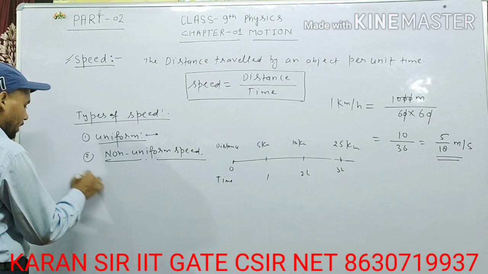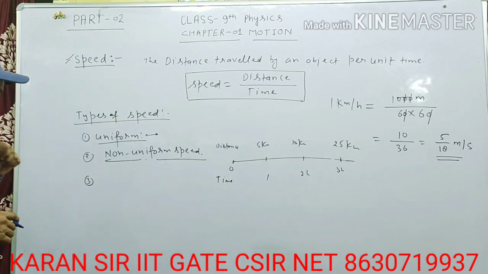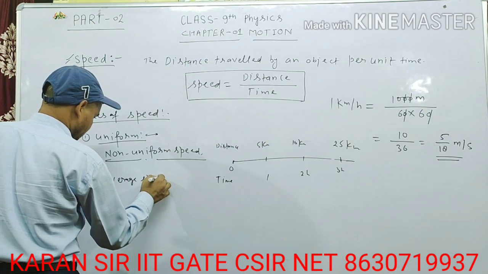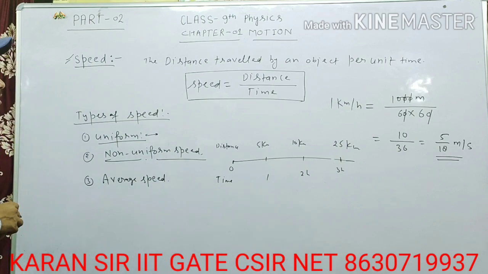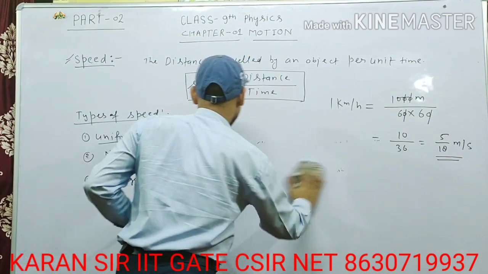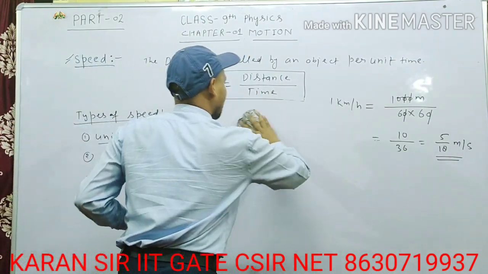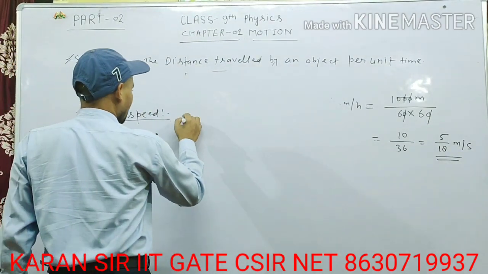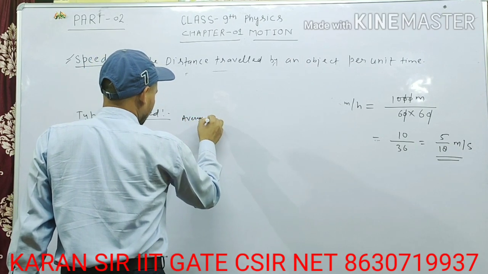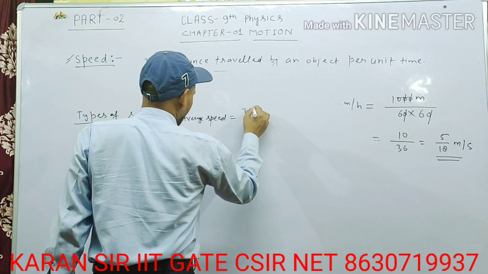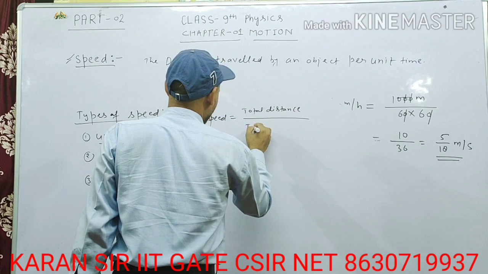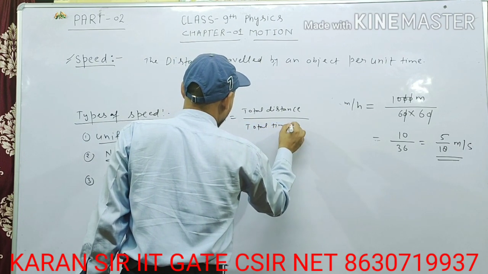There is also a third speed, that is average speed. What is average speed? Average speed is the total distance covered by an object upon the total time taken.